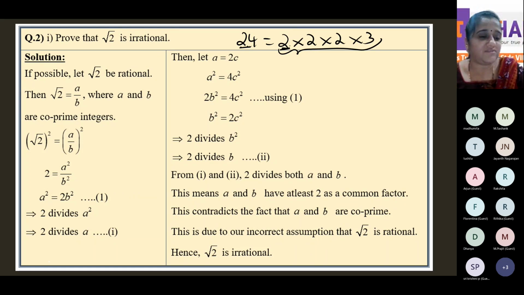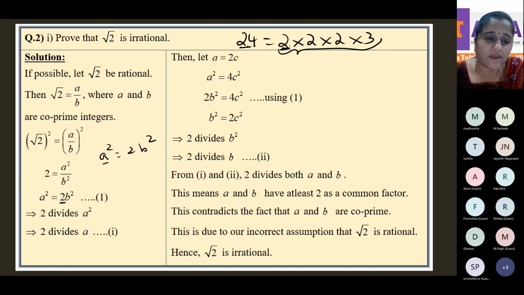So don't we see the prime factor 2 here? a square is equal to 2b square. That means a square is divisible by 2, or 2 divides a square. 2b square means 2 into b into b.